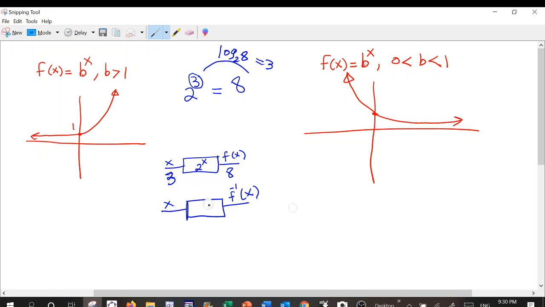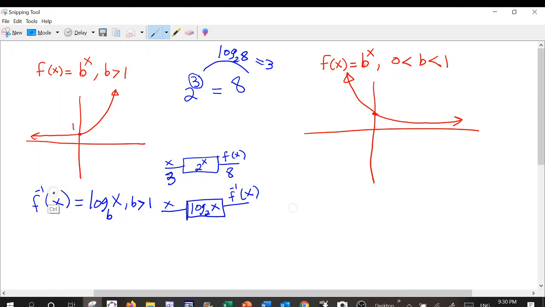Now, in terms of formula, that would be log base 2 of x. So we can define the inverse of functions like this, right, as a logarithm function with the base b, the same base, and the same condition. b has to be greater than 1, right?